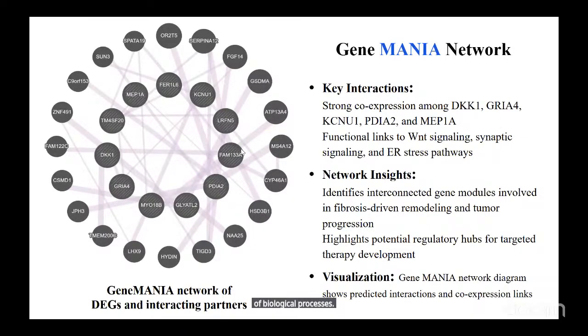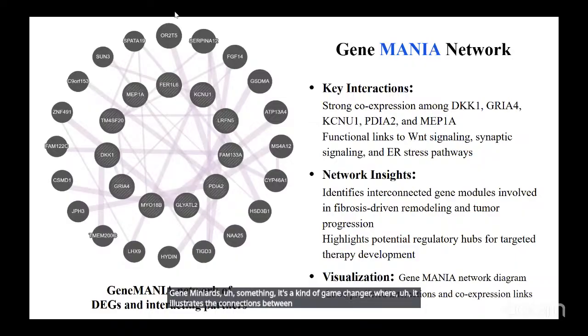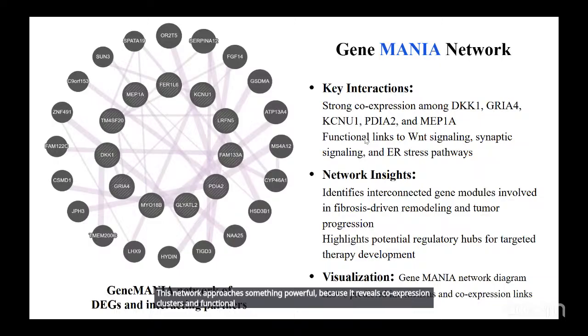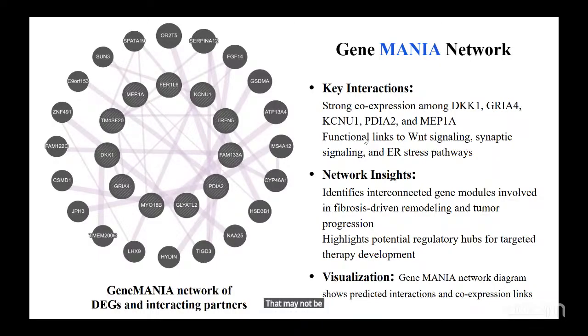GeneMANIA, it's a kind of game changer where it illustrates the connections between the DE genes and the interacting partners of the disease. This network approach is powerful because it reveals co-expression clusters and functional modules that may not be obvious from individual gene analysis.